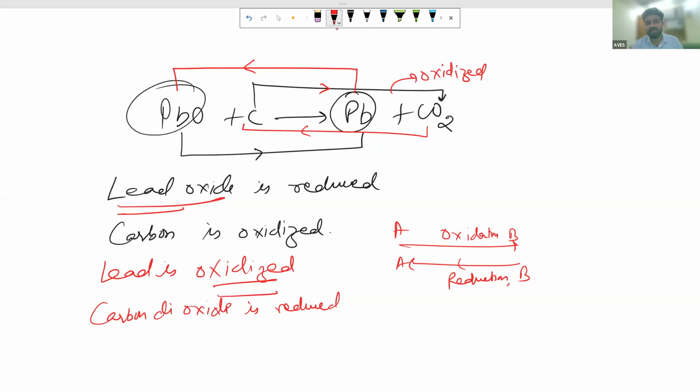The substance that is oxidized is known as the reducing agent.